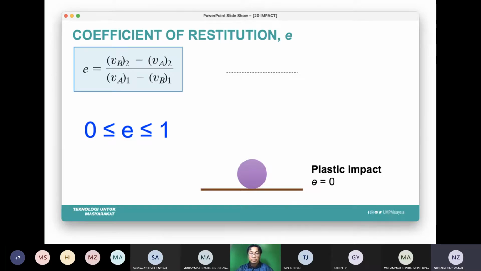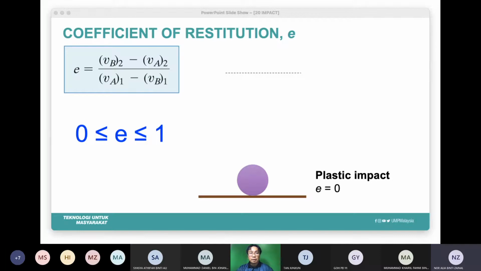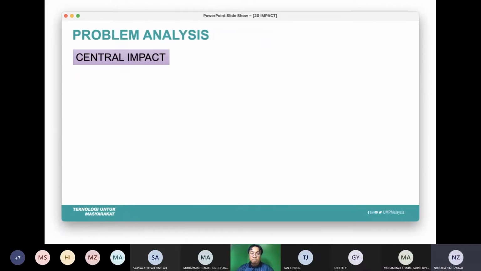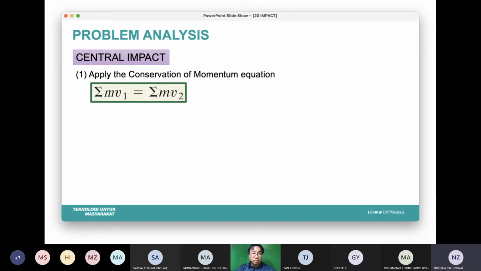Any question? No, sir. Okay, so kalau clear, let's talk about problem analysis. Sebelum ini kita dah belajar, sebelum kita masuk kepada subtopik impact ini, kita dah belajar tentang conservation of momentum.